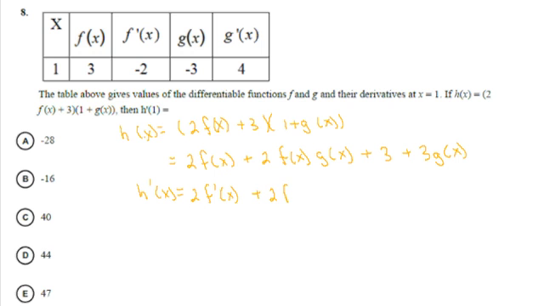So that's 2f prime of x g of x plus 2f of x g prime of x. The derivative of that constant is going to be 0. And then we can say 3 times g prime of x.